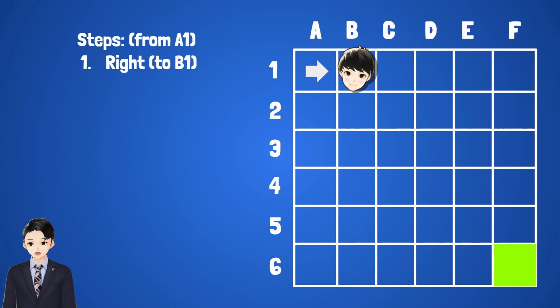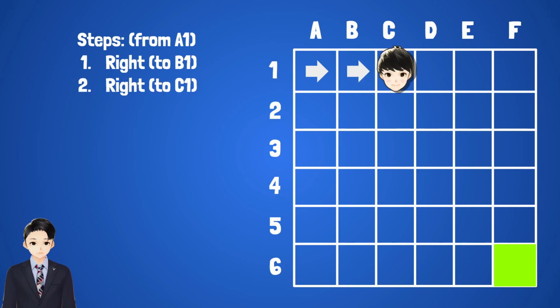Remember, we need to go to F6, so this might take a while. So step 2. From B1, he is going to go right. Can you see where he is going next?